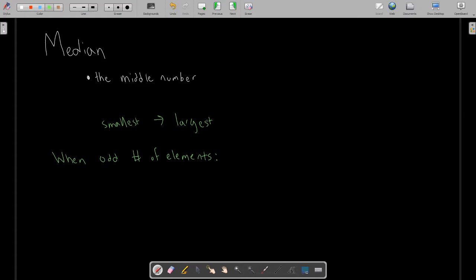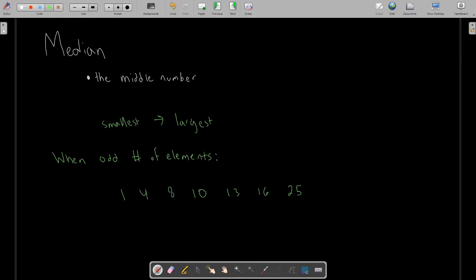So what do I mean by that? If we take some set of data here, I'll just make one up really quick. This will be a case where we have an odd number of values. Here you see we have 7 data values ranging from 1 to 25, and I've listed them out in ascending order from smallest to largest.